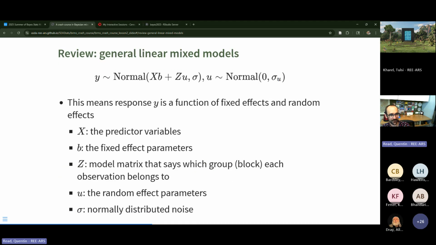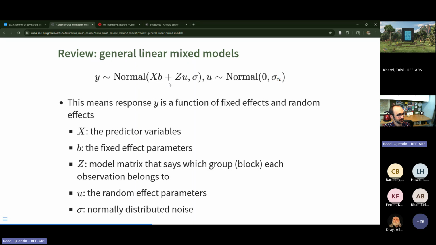So let's go through a little bit of math, or of equations, of what a linear model is that we've been fitting so far. This is a general linear mixed model. It's not generalized. It's just general linear mixed model.